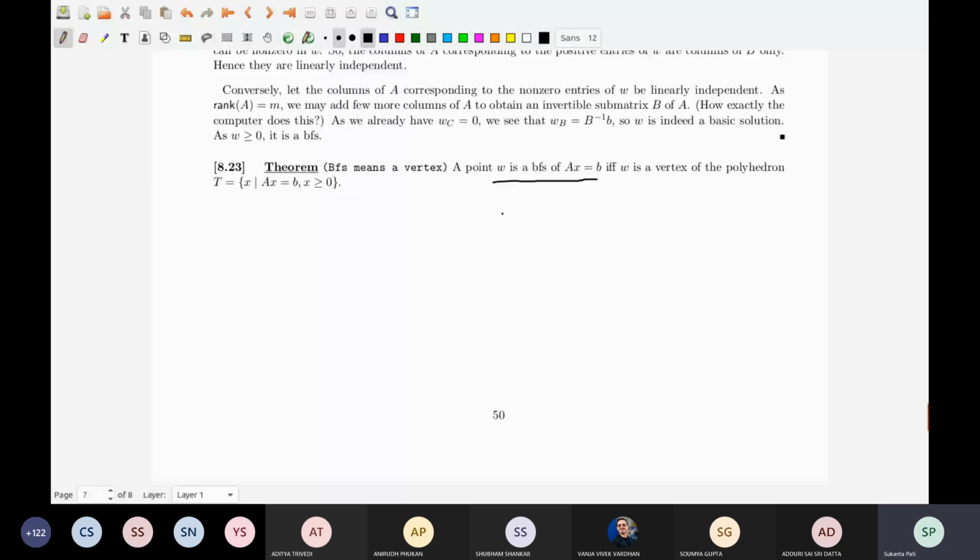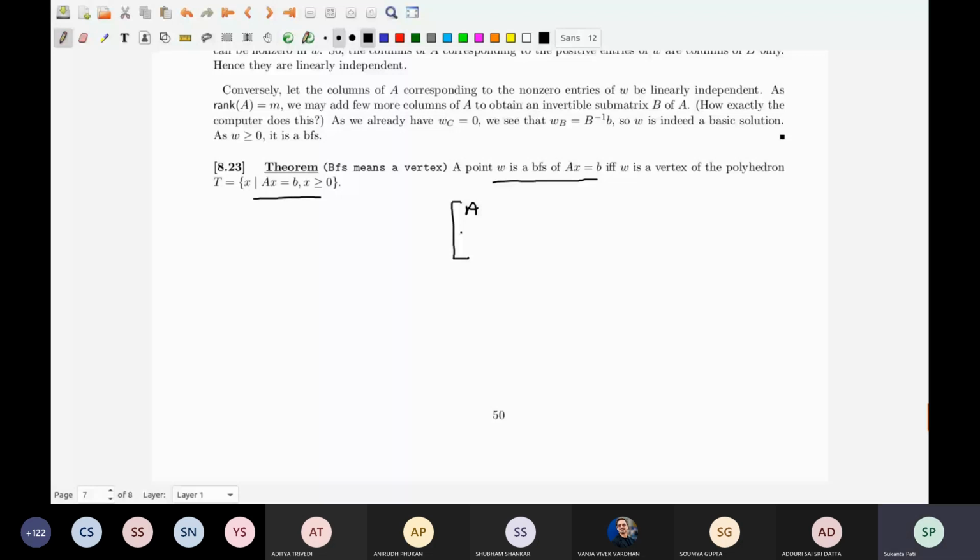Now, a vertex of a polyhedron I can only test if I write it in the form Ax greater than or equal to b, or Ax less than or equal to b. So for this, I will write this as A, minus A, because Ax is equal to b, and then identity. Ax is greater than or equal to b, minus b, and 0.